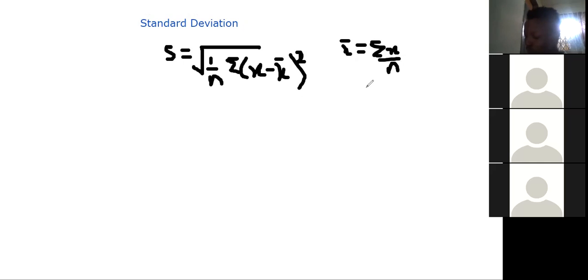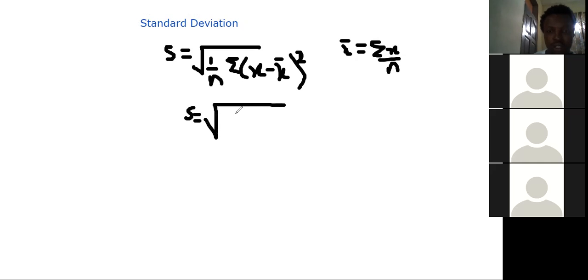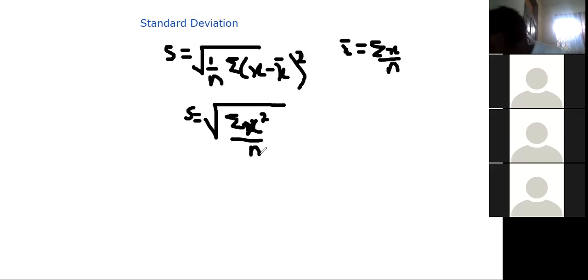On the other hand, you can also do it this way. When you break them down, you can also get something like s is equal to the square root of sigma x squared all over n, minus, into brackets, sigma x all over n squared.